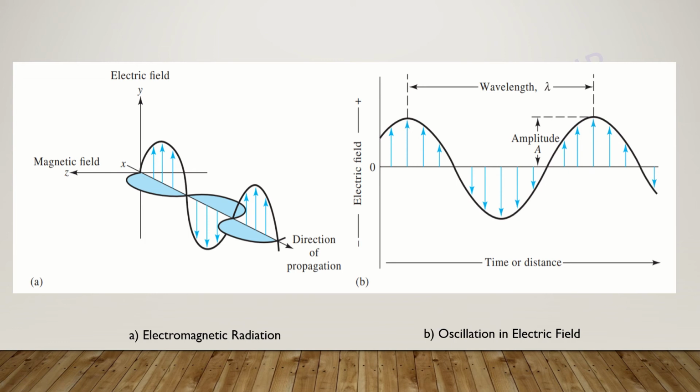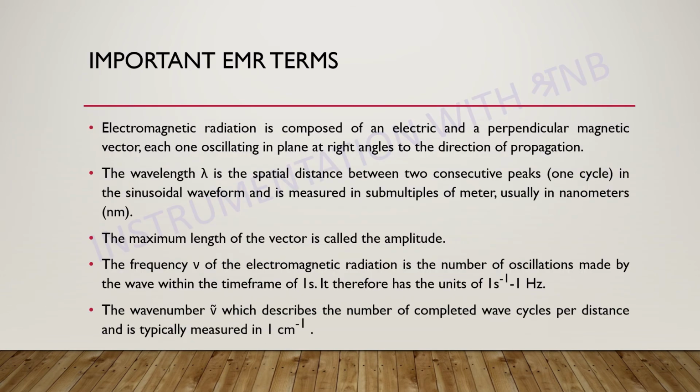Other terms include frequency, which is the number of oscillating waves within 1 second. Wave number describes the number of completed wave cycles per distance and is typically measured in centimeter inverse.